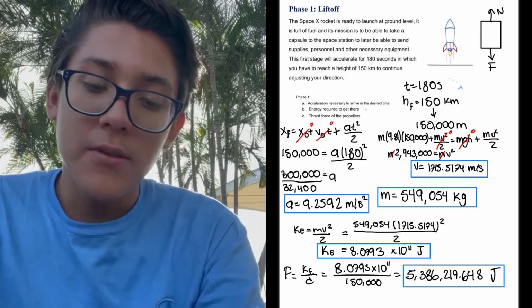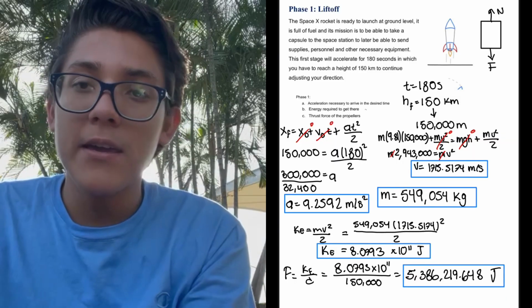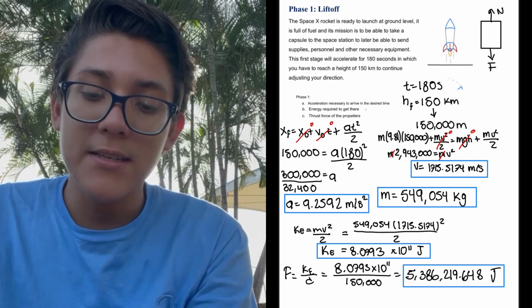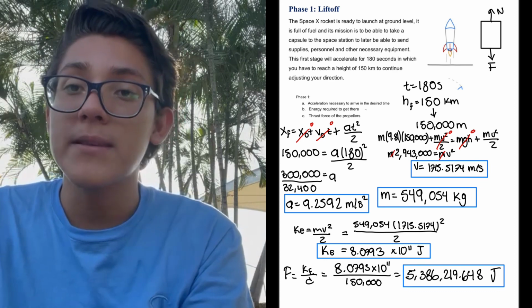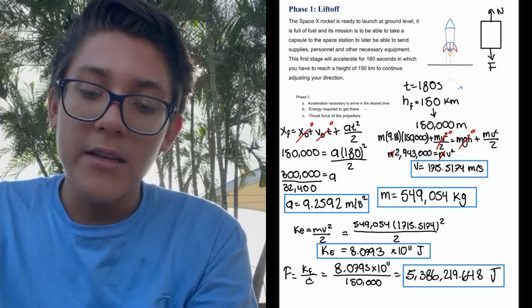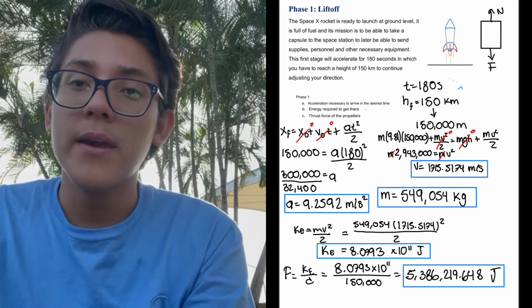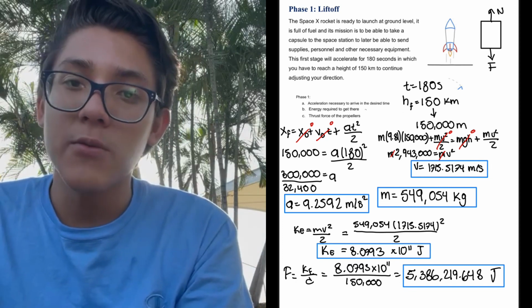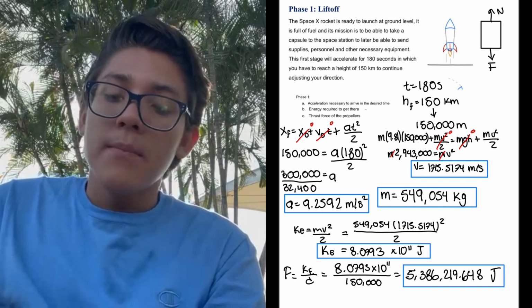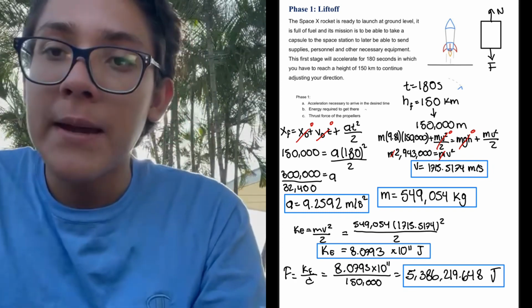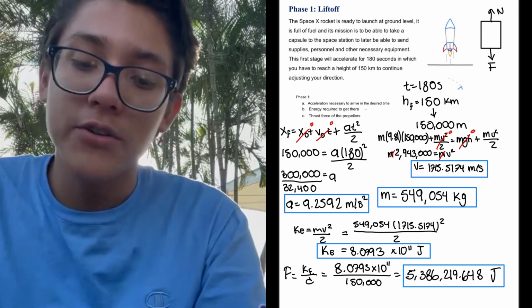Phase 1, liftoff. First, we are asked to get the acceleration necessary to arrive in the desired time. With this, we will be using the formula of final distance equals initial distance, that will be 0, plus initial velocity times time, the initial velocity will be 0, plus acceleration times time squared over 2.